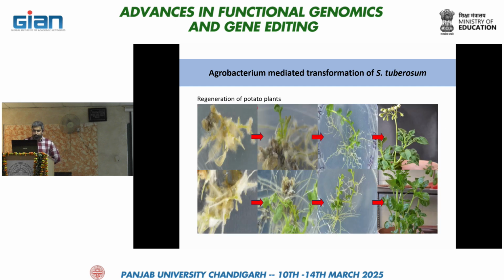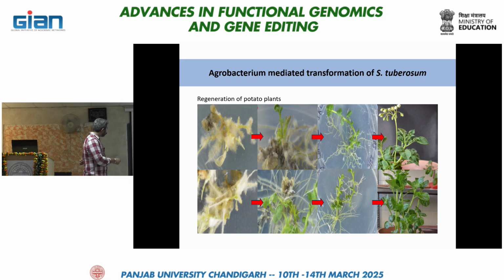Here, in the case of potato, using the Agrobacterium rhizogenes strain, I transformed the leaf, and as shown in the previous slides, the leaf had these hairy roots, which were further grown to generate callus, which was then transferred onto the shooting medium.